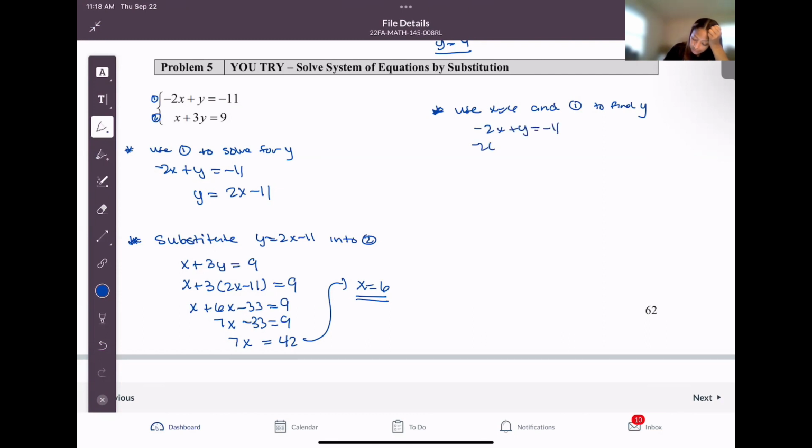That's negative 2 times 6 plus y equals negative 11. Negative 12 plus y equals negative 11. And then y would be negative 11 plus 12, which is 1. So our solution, we want to write as an ordered pair, x comma y, it would be 6 comma 1.